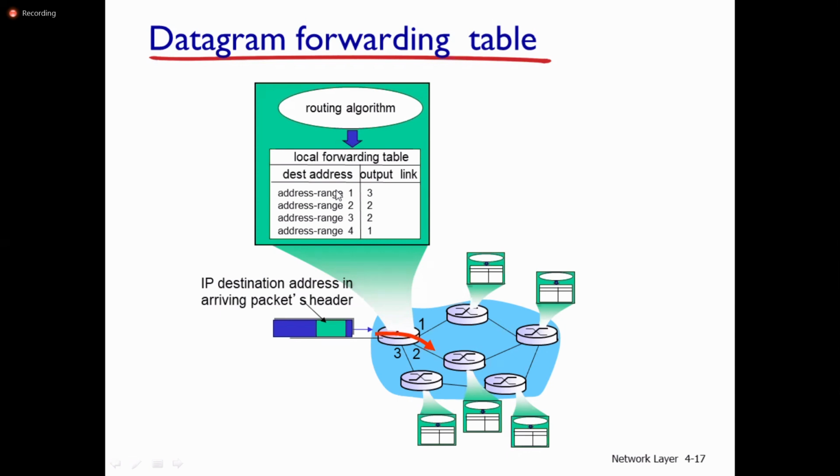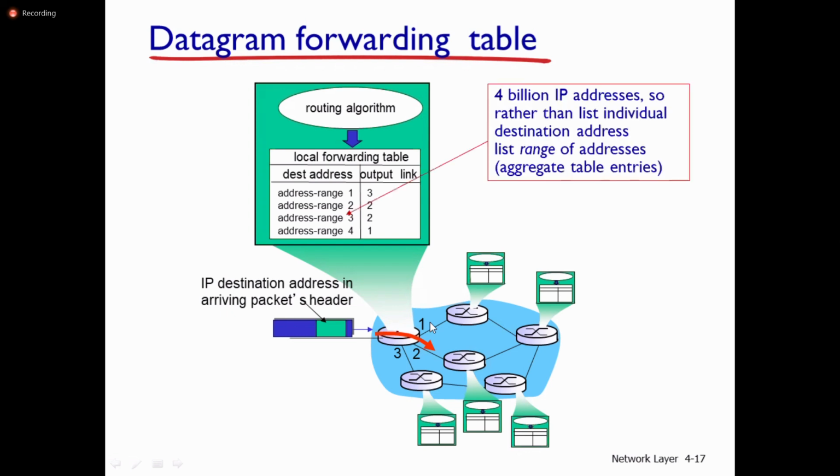If it is range 1, it is forwarded to output link 3; range 2, link 2; range 3, link 2; then range 4 is link 1. We are assuming there are three output links for every router.